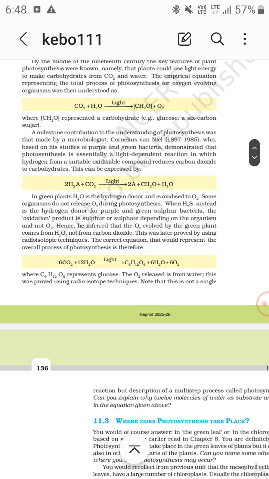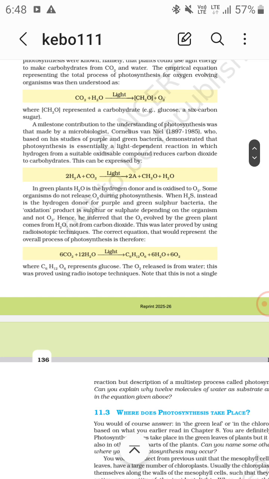So H2A plus carbon dioxide: hydrogen from H2A reduces CO2 to CH2O, and H2A gets oxidized to A and H2O. In green plants, H2O is the hydrogen donor and is oxidized to O2. So water in photosynthesis is oxidized to oxygen.